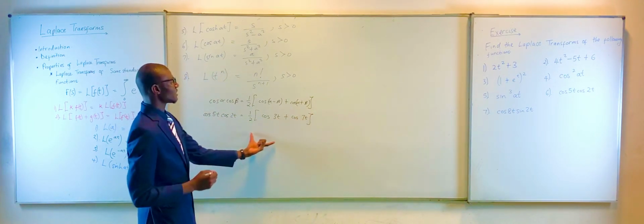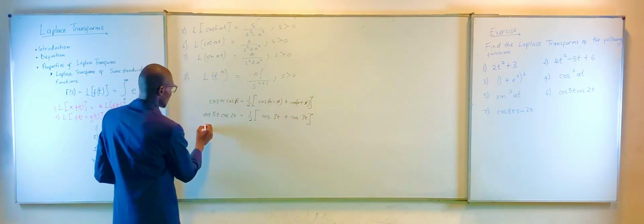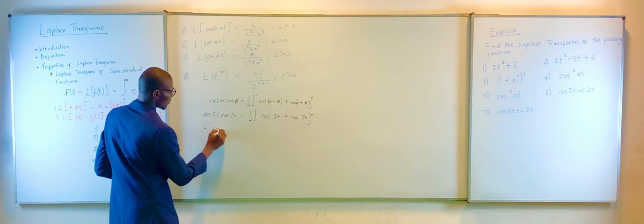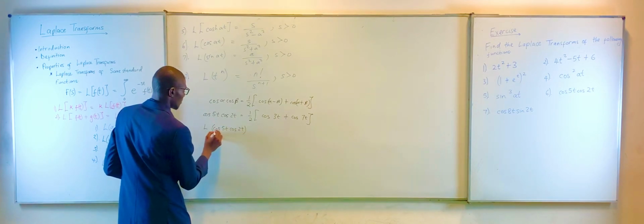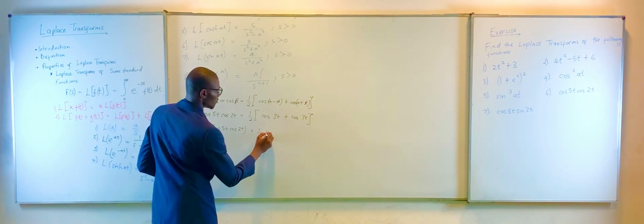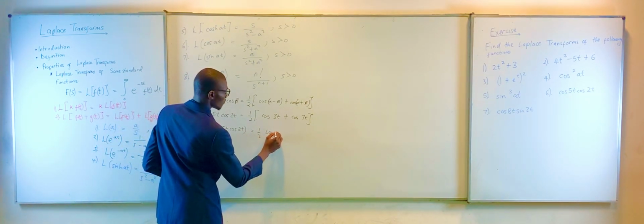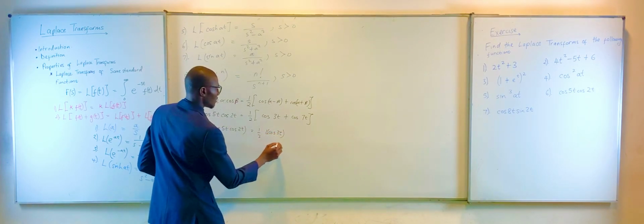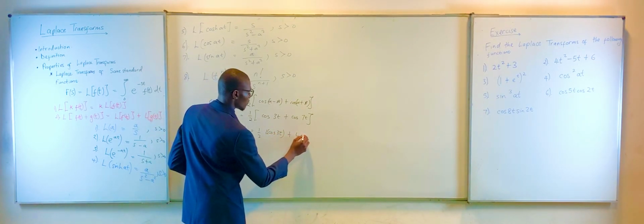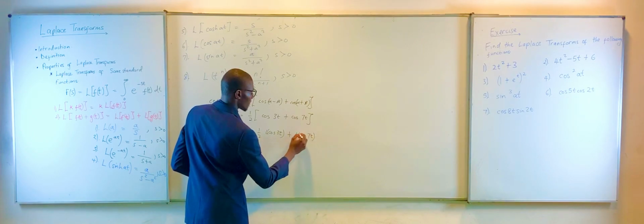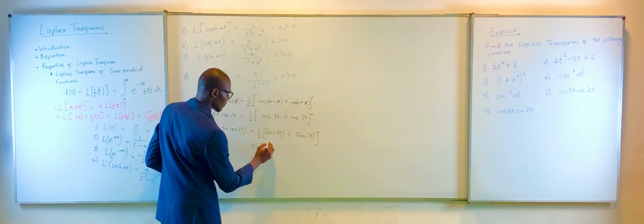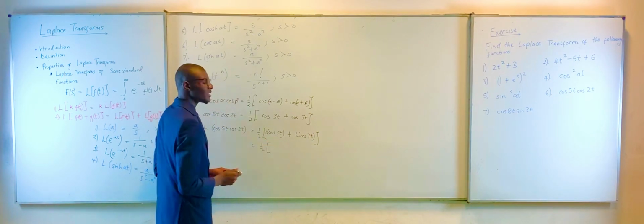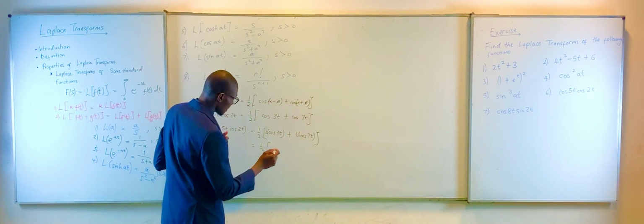So we're simplifying the Laplace transform of this. We can say the Laplace of cos 5t cos 2t is equal to 1 over 2 Laplace of cos 3t plus Laplace of cos 7t, like this. Then this will be half of Laplace of cos 3t.